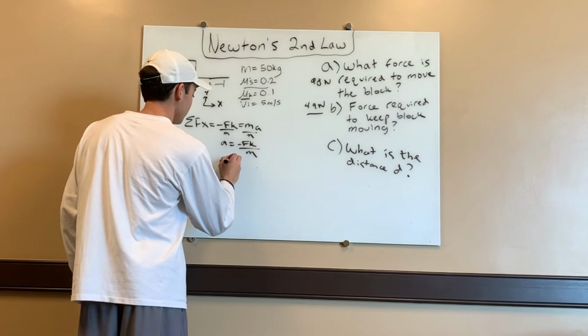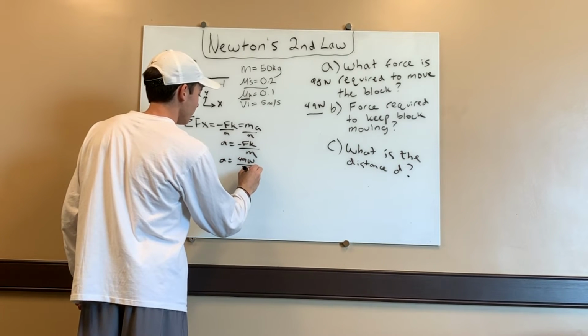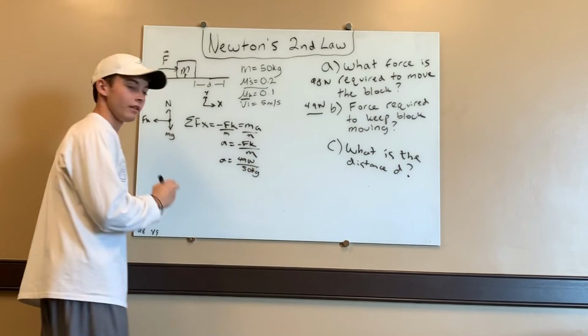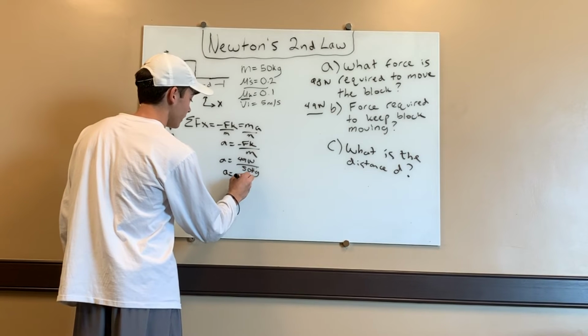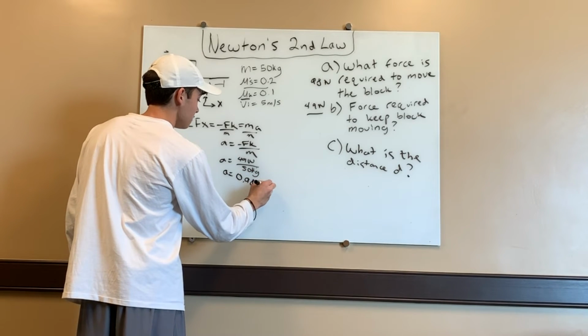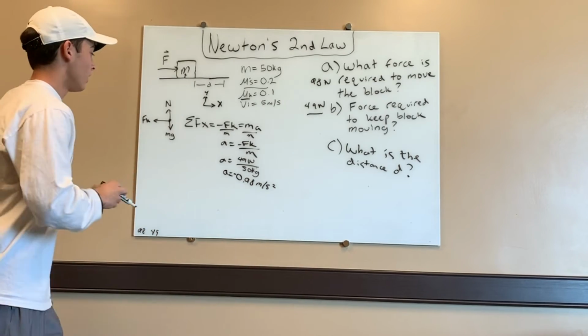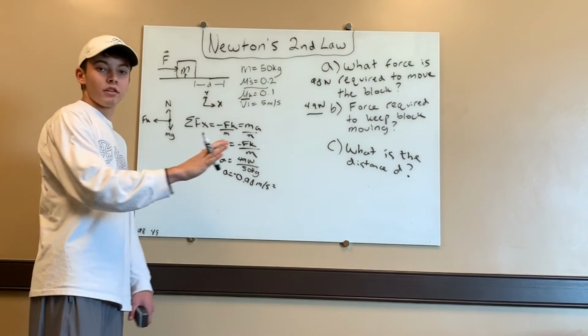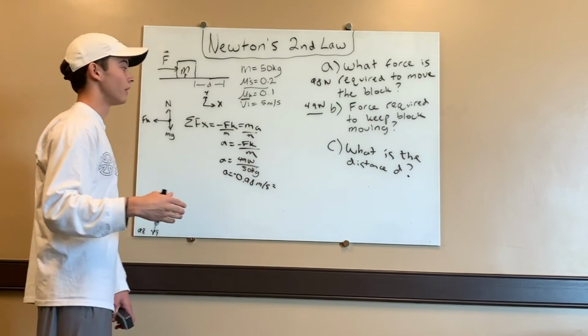So a equals 49 newtons divided by 50 kilograms. And this gives us that our acceleration is negative 0.98 meters per second squared. So this makes sense because as our block is moving along, this negative acceleration is causing it to slow down.